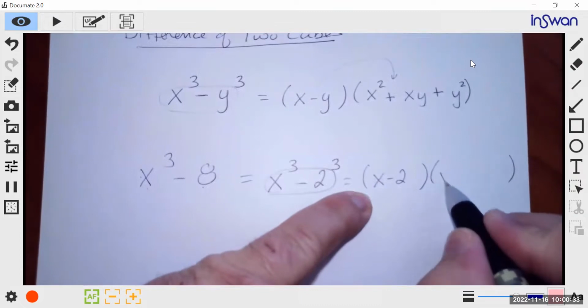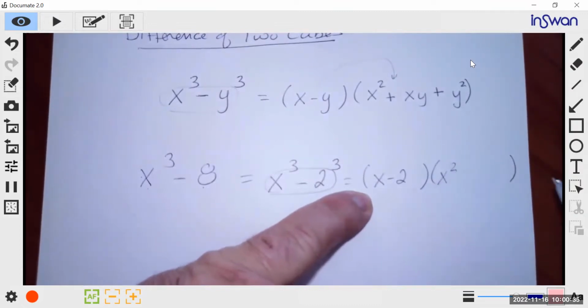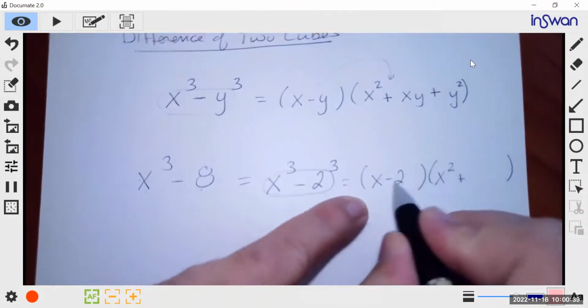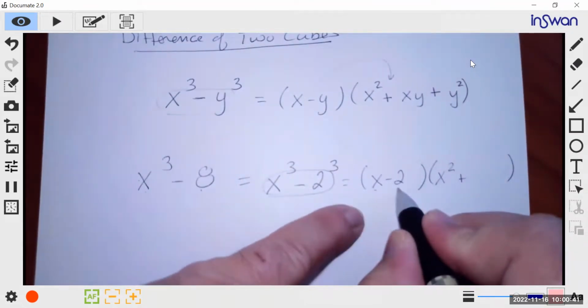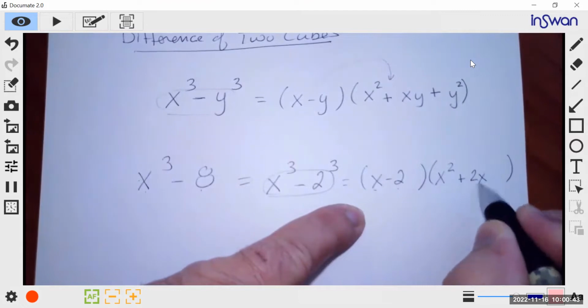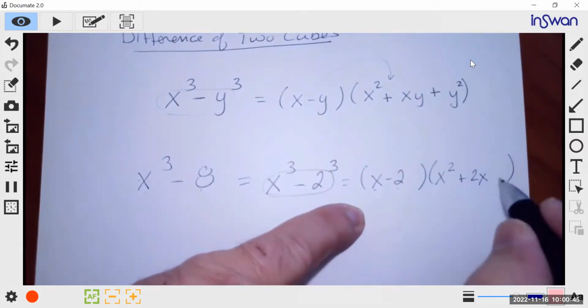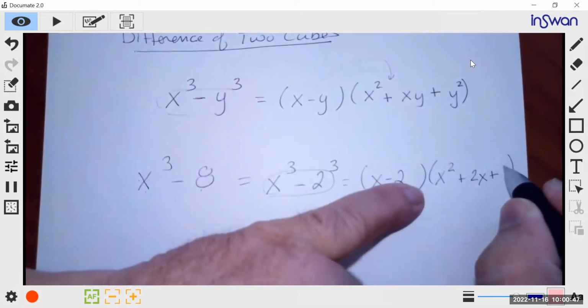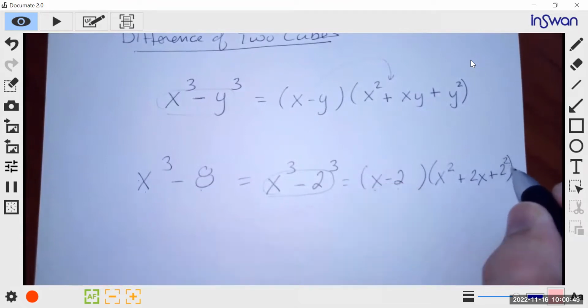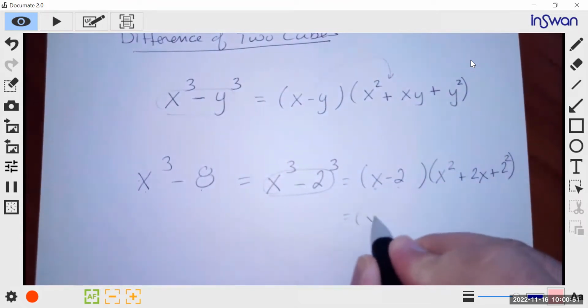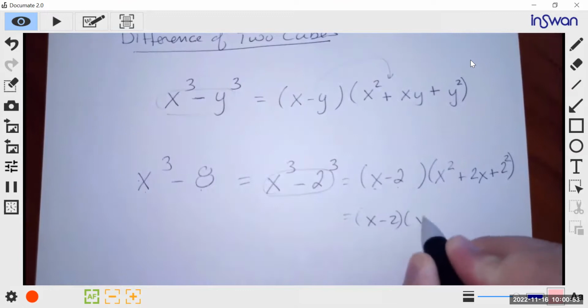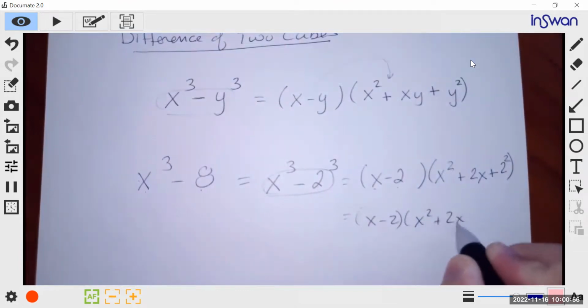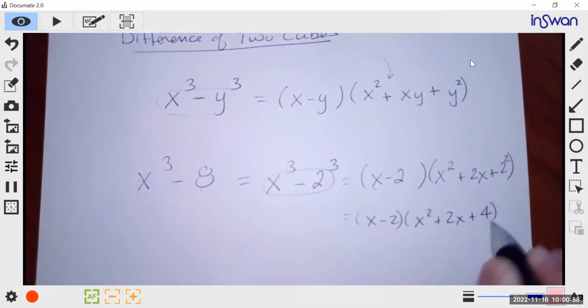Take the x, the first term, and square it. Plus x times 2, so it's 2x. Plus the second term squared. So it's x minus 2, x squared plus 2x plus 4. And there's a factored form.